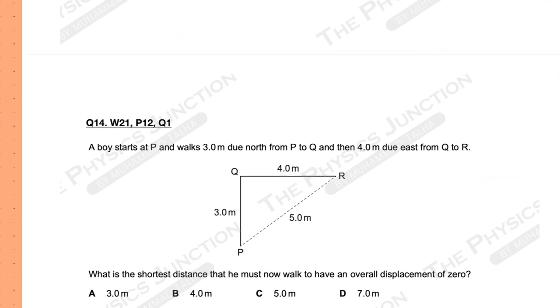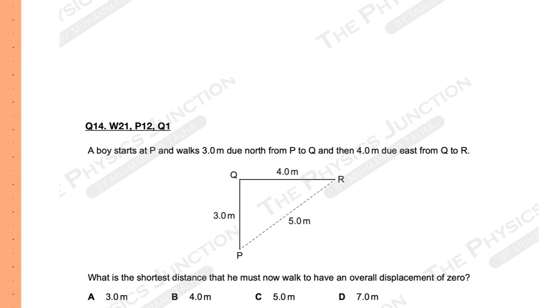Alright, let's have a look at this one now. A boy starts at P, walks 3 meters due north from P to Q, then 4 meters due east from Q to R. What is the shortest distance that he must now walk to have an overall displacement of 0? So this is 3 meters, this is 4 meters, and the way that the displacement could be 0 is that if the starting and the ending position are the same.